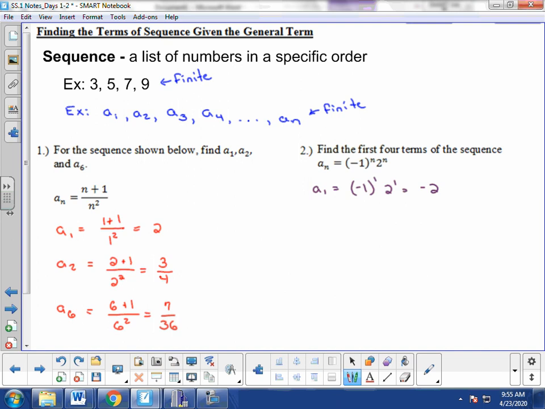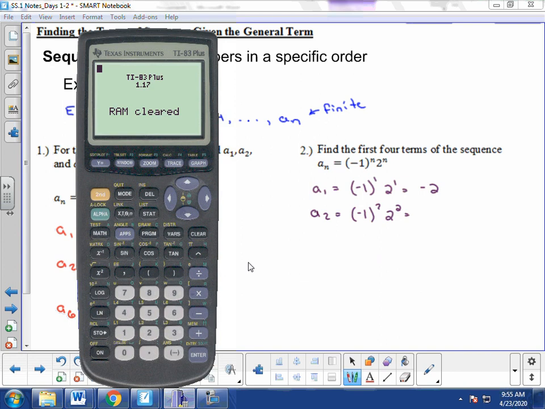To find the second term in the sequence, we would do the same thing here and replace n with 2's. In this one, you may need to type this into your calculator, that's okay. Negative 1 to the second power times 2 to the second power would be positive 4.